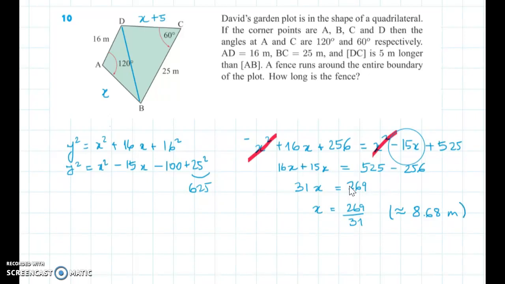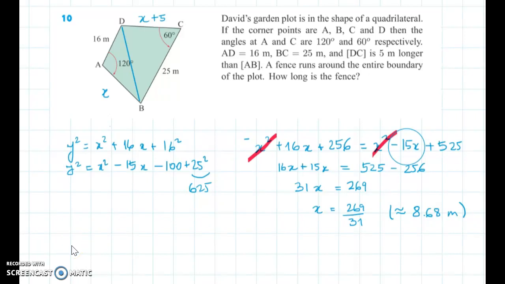But we're just going to check in our picture that it makes sense. We are saying that the side AB is 8.68, and then we are saying that the side CD is that plus 5, so 13.68, and all those values make sense in the picture we have.